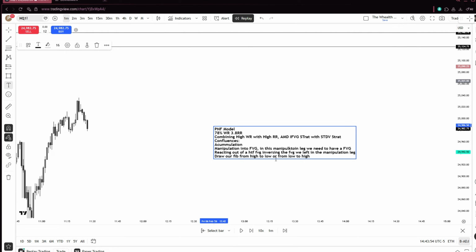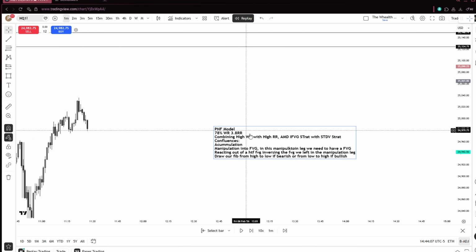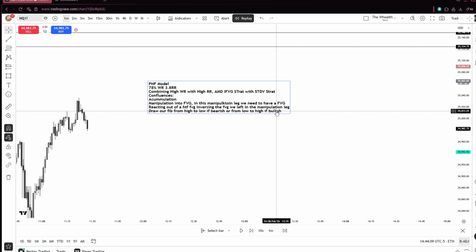If we're bullish, yeah, I'm writing it wrong. If we're bearish, from high to low. If we're bullish, from low to high. Sorry if I'm misspelling this.